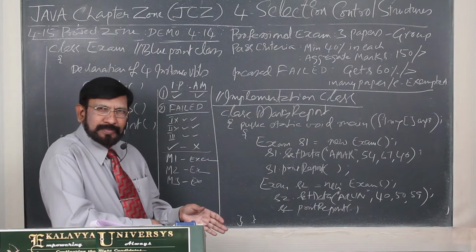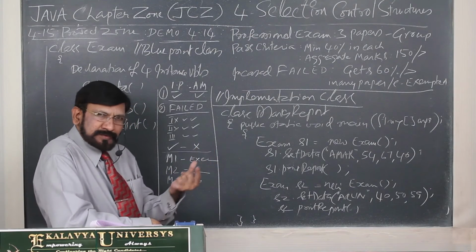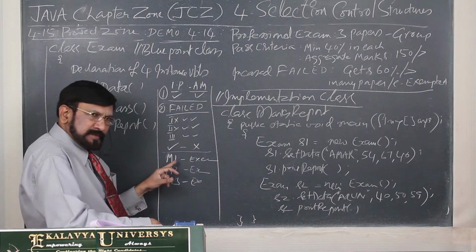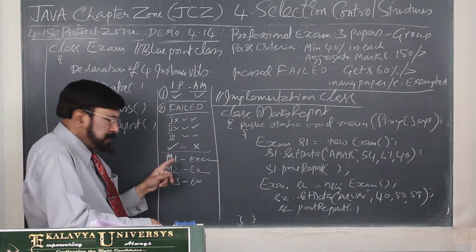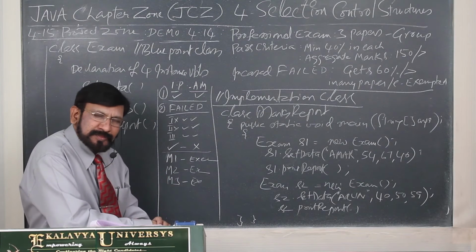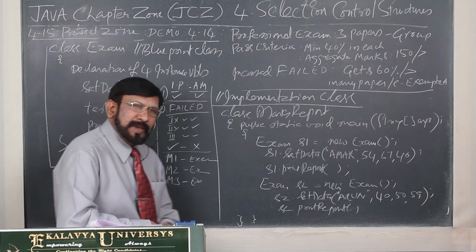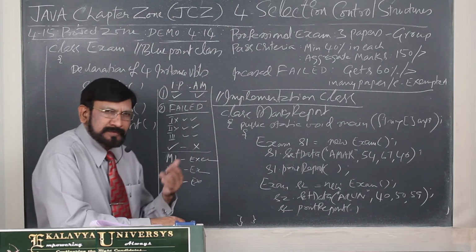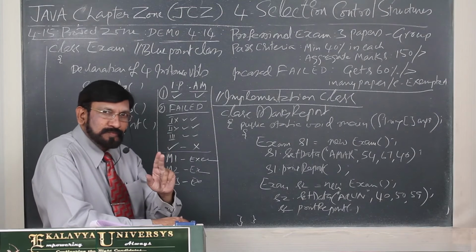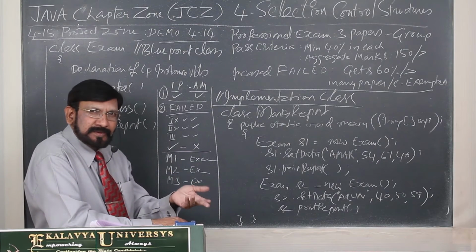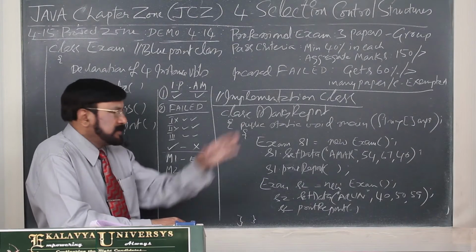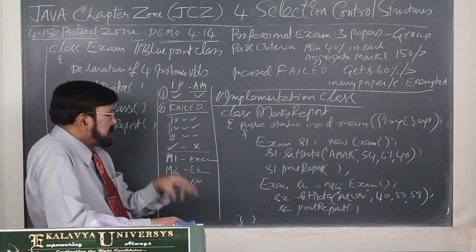He actually failed, but because of the 60% or more criteria, he was exempted in paper 1, exempted in paper 2, and exempted in paper 3. Actually, maximum in how many papers may be exempted? Maximum 2. 3 does not arise. 3 exempted means all 3 are getting more than 60. Then he comes under the pass category.